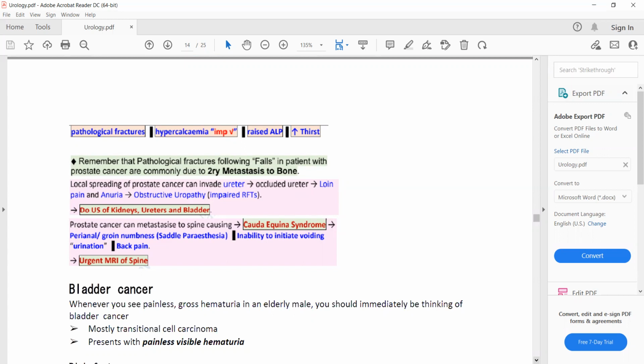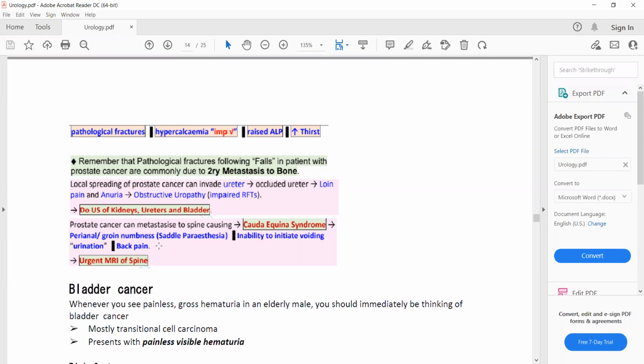And the compression of the spinal nerves can cause a syndrome that is known as cauda equina syndrome. What are the signs and symptoms of cauda equina syndrome? They include perianal or groin numbness, also known as saddle paresthesia, inability to initiate voiding, and back pain.